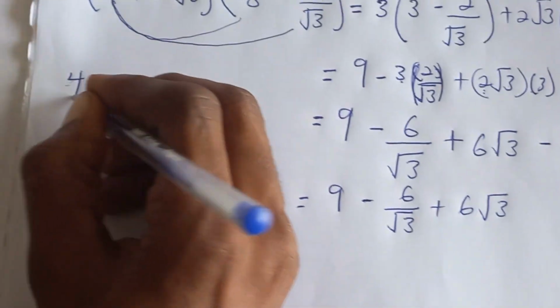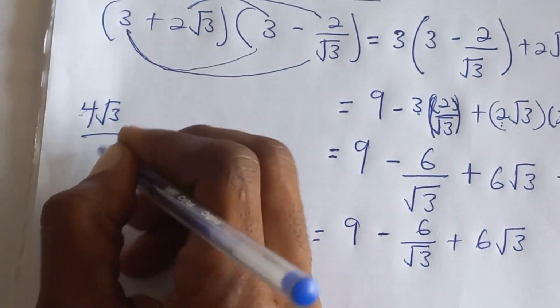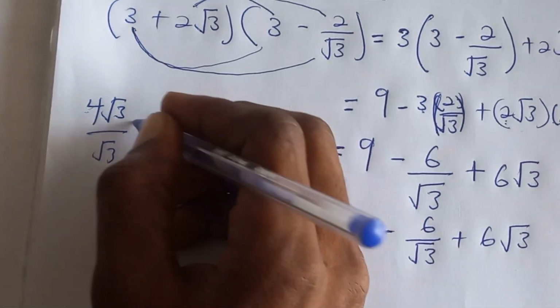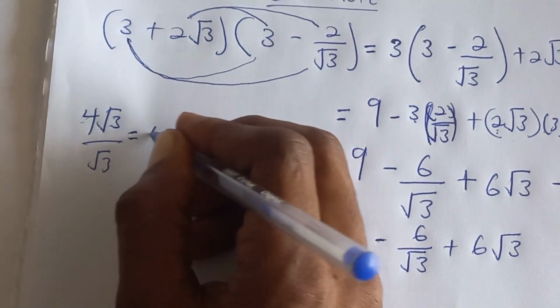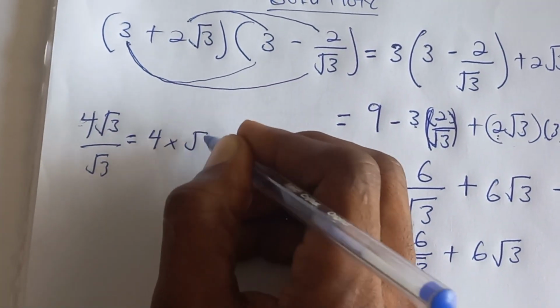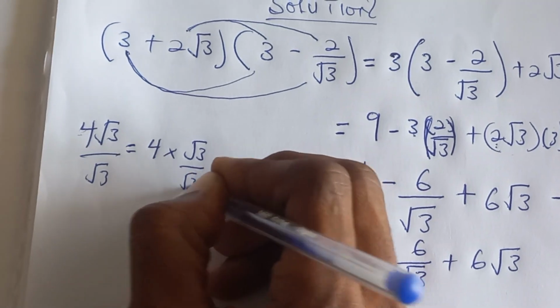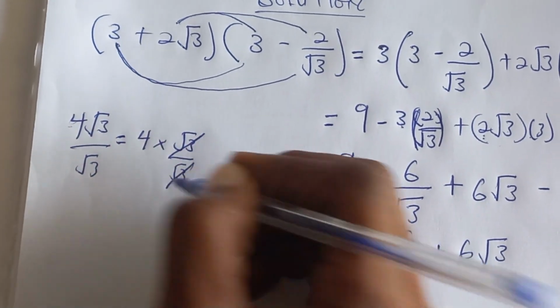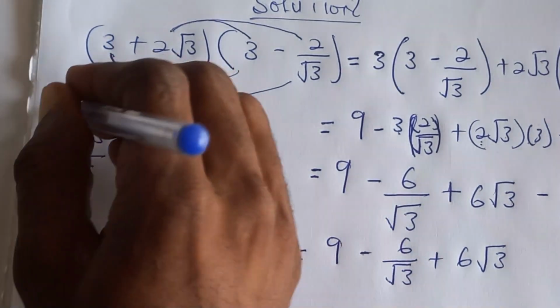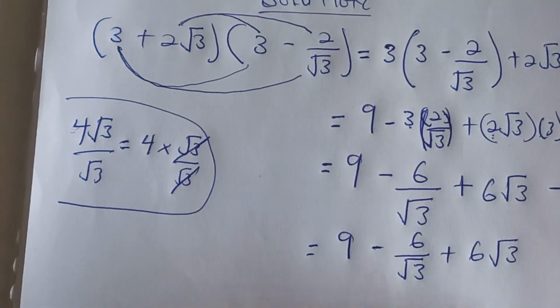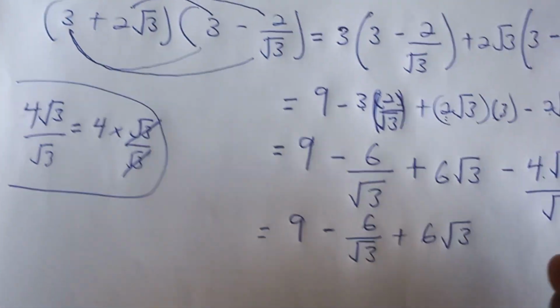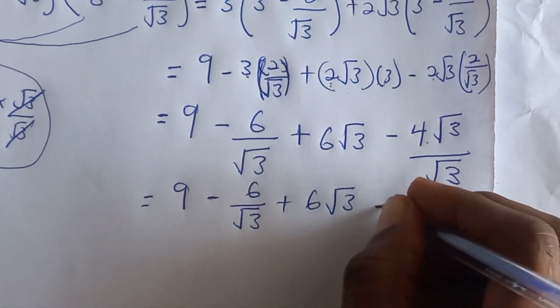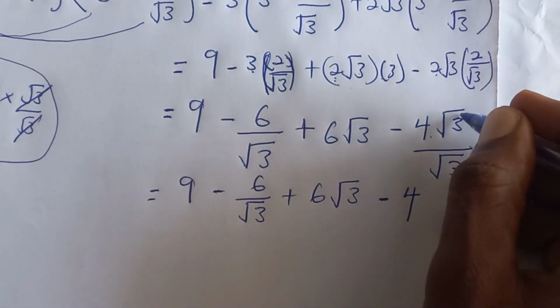We have 4√3/√3. We can rewrite this as 4 times √3/√3, you see. So the √3 would cancel out the √3. Good. So in this case, this one is the same as negative 4 because it cancels out.